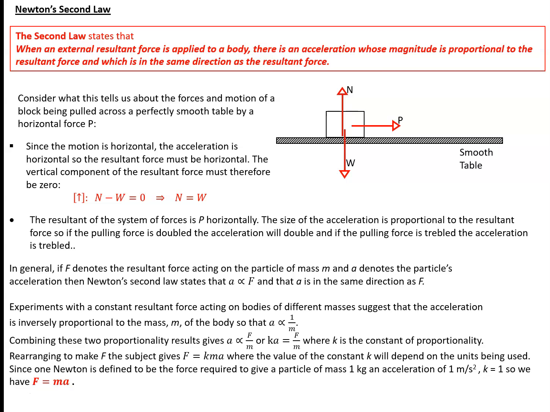So F equals 1 when m equals 1 and a equals 1 as well, which means that k must equal 1. So Newton's second law as an equation is F equals mass times acceleration: resultant force equals mass times acceleration.